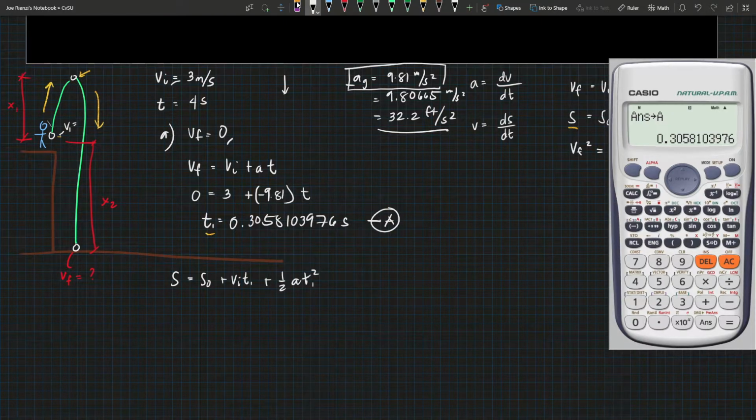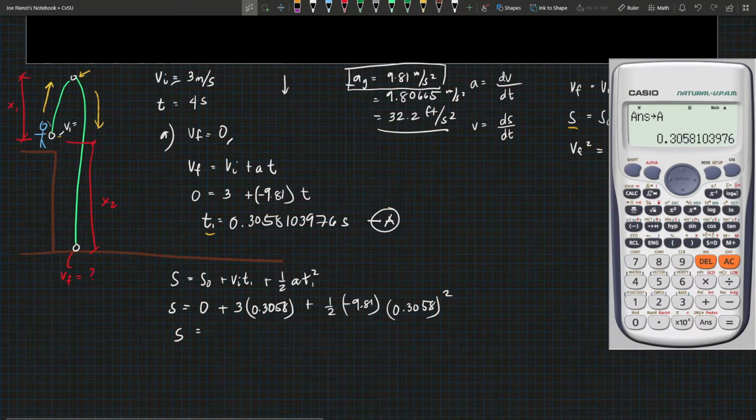So, S is equal to S naught, assuming 0 yung perspective natin dito, plus initial velocity is 3, time is 0.3058, plus 1/2, acceleration is negative 9.81, and then t squared, so 0.3058 squared. So solving for S.